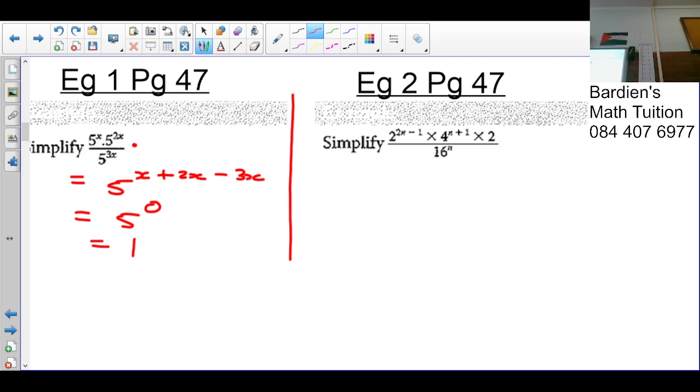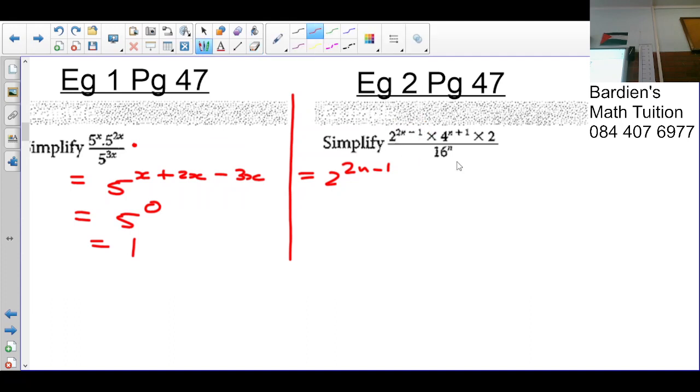The reason why we're going to break this up into products of its prime factors is so that when we're multiplying and bases are the same, we add the powers, and when we divide, we subtract the powers. That is the reason why we're changing 4 and 16, so that the exponents can be brought into one base. So you have 2 to the n minus 1, which is that.